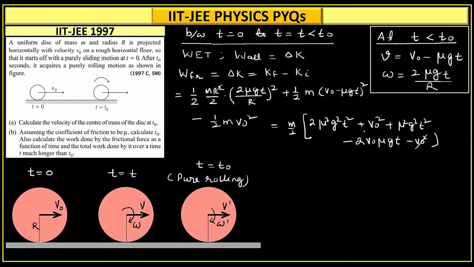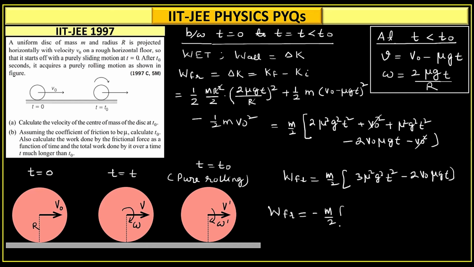So this v naught square and that v naught square get cancelled. So we get work done by the friction equal to m by 2 into 3 mu square g square t square minus 2 v naught mu g t. I want to write it this way because this work is going to be negative. Work done by kinetic friction is always negative on a moving body. So minus m by 2 into twice v naught mu g t minus 3 mu square g square t square.